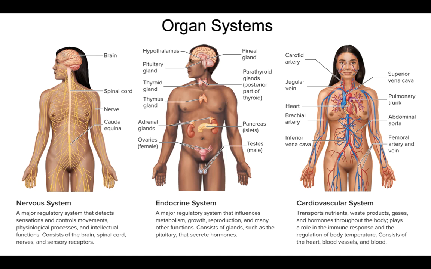And in fact, most organs in your body produce hormones. We just don't put them all in this system. We put the ones that their major job is to produce hormones. So regulation of the body, controlling the body, growth, reproduction, many functions are due to hormones.